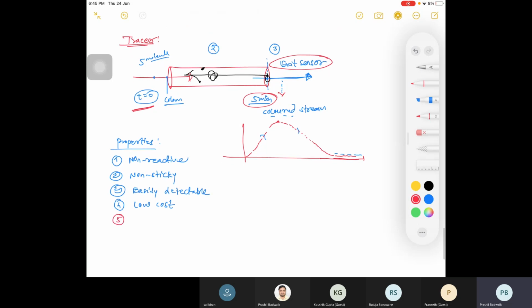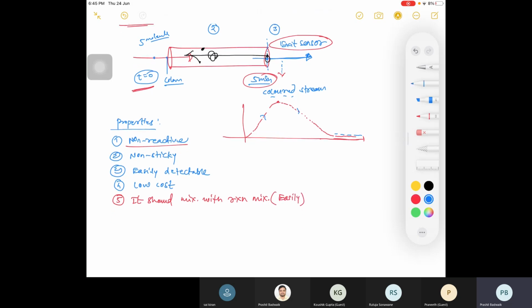So I'll write here, an important point is it should easily mix with your reaction mixture, but it should not react. Please remember, it should not react, but it should mix. I am writing in brackets, easily mix, right? It should easily mix with your reaction mixture.